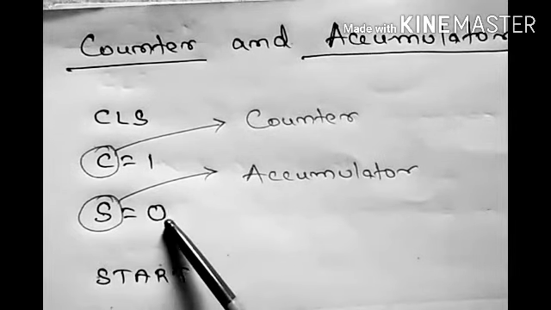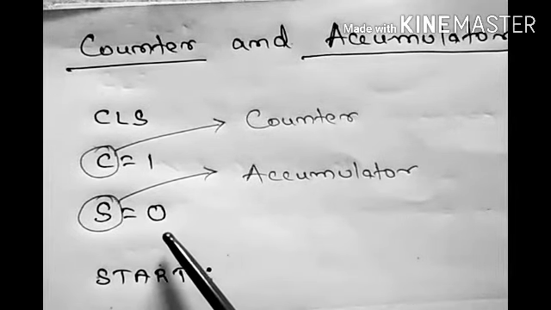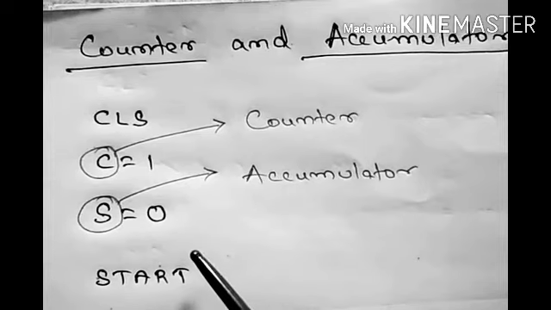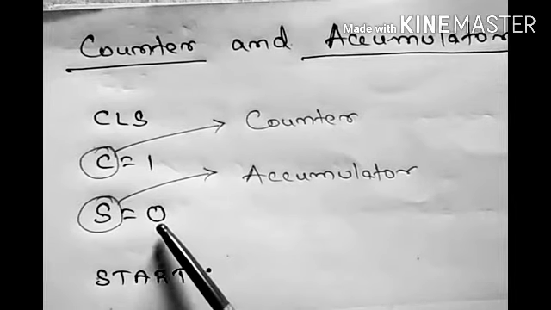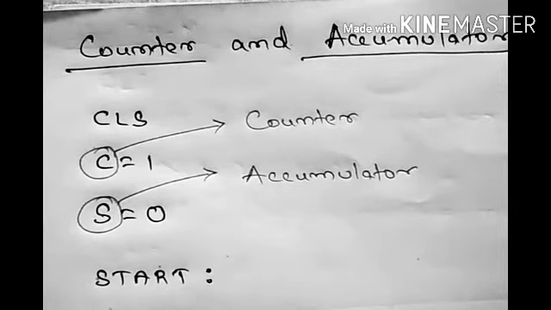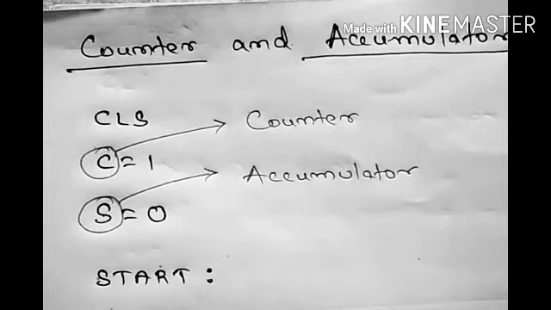First s is initialized to 0. 0 means no value is there, and accumulator is initialized to 0 so that there is no garbage value. Garbage value means a type of value that may exist in the computer memory. It can be anything. It may be any previous value that occurred in any other program.